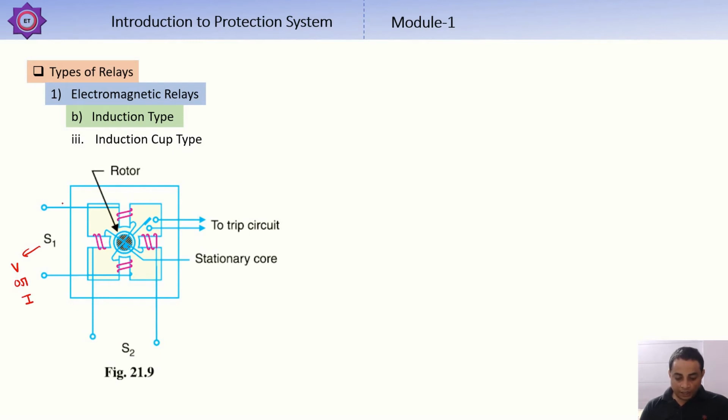When current flows in S1, flux is set up in the core, say phi 1, and current flowing in S2 sets up flux, say phi 2. Due to interaction of phi 1 and phi 2, torque is developed and the disc starts to rotate. Due to rotation, a strip shorts the trip contacts and the circuit breaker opens its contact.